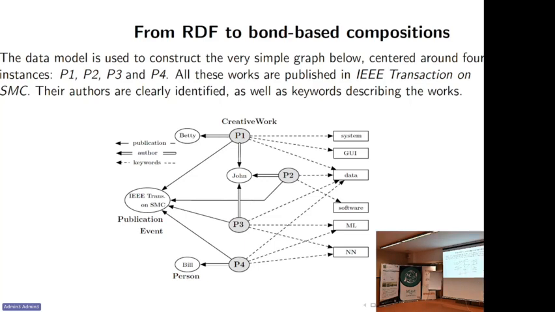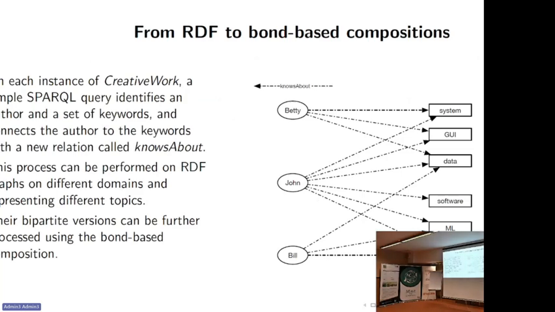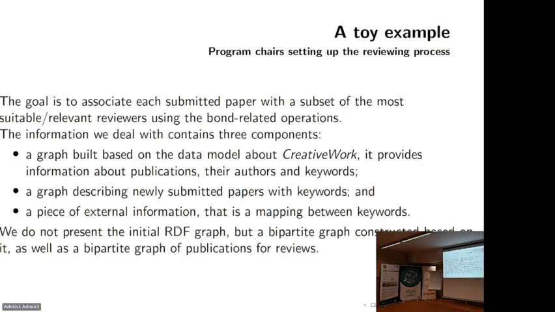Then we obtain something like this. This is quite useful if I want to assign papers to reviewers. I have to have this information. If not, this could be external information to put into the system, which is the brain of the program chair of the conference or something.